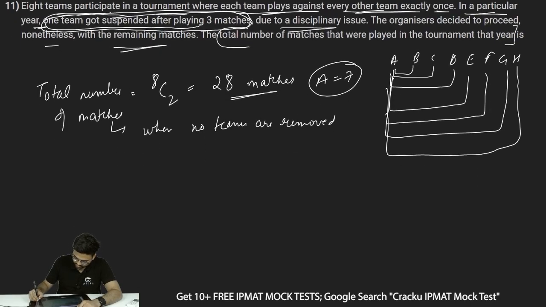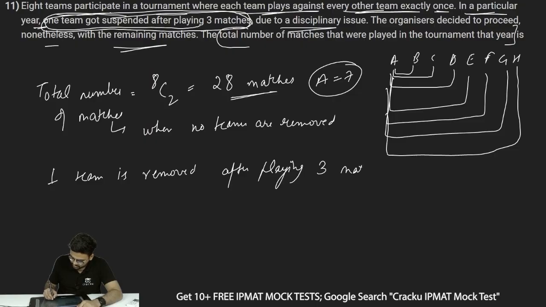Now in the question it is saying that one team is removed after playing 3 matches. Let's say A is removed after playing 3 matches.